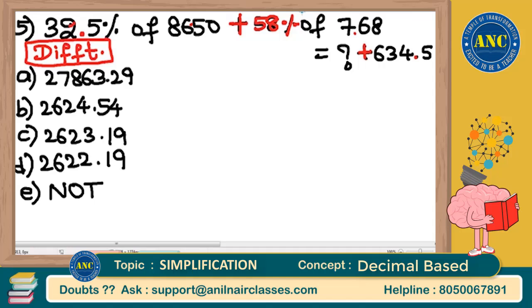What might be that something else? That something else might be keeping only one option having the same digital sum, or keeping one option with unit digit matching. Or I might keep it so that no option is matching and the answer might be none of these.